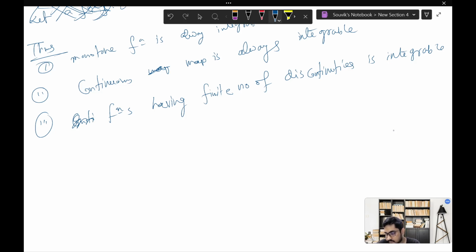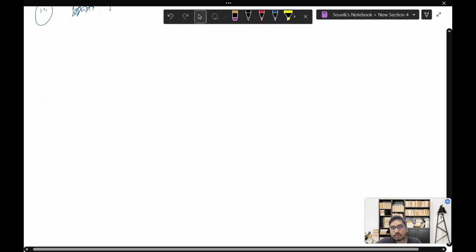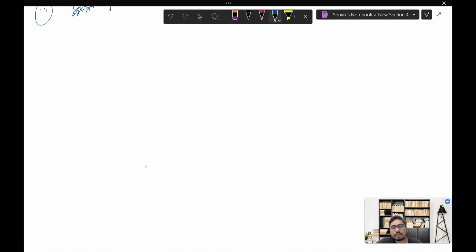Now, there are some important theorems which look almost obvious from the usual integration. But you know, this is a theorem. One can find it in any textbook, and I'm going to state it without the proof.